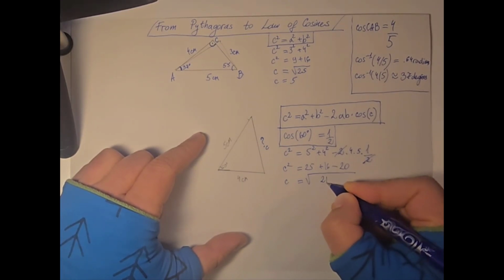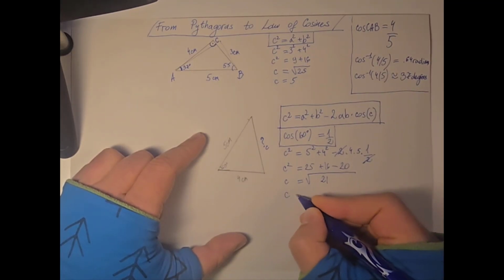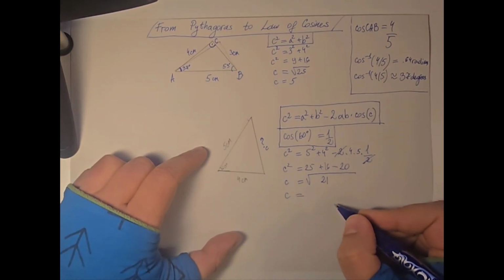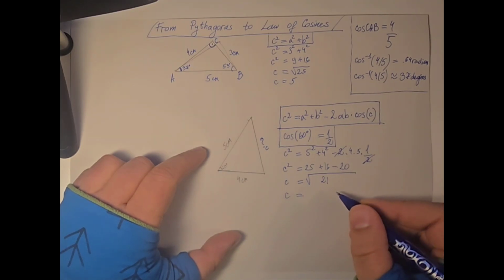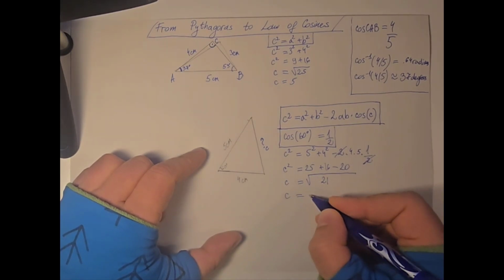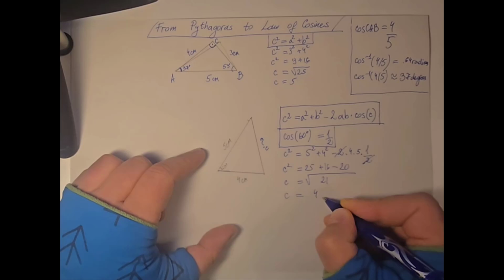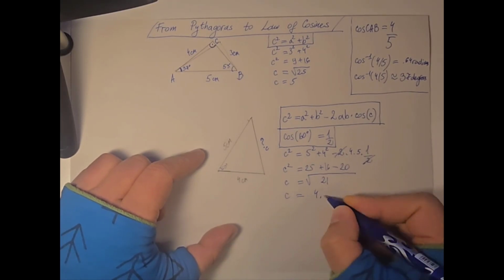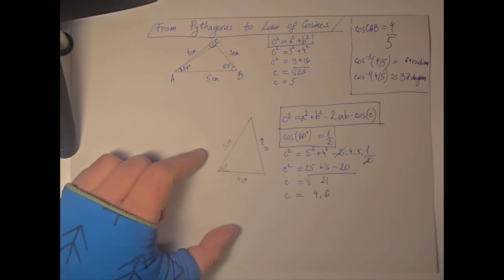So C is equal to the square root of 21. So in this case, 21, okay, 4 times 4 is 16, 5 times 5 is 25. So C is equal to something like 4 point, I'll go with 4.6.